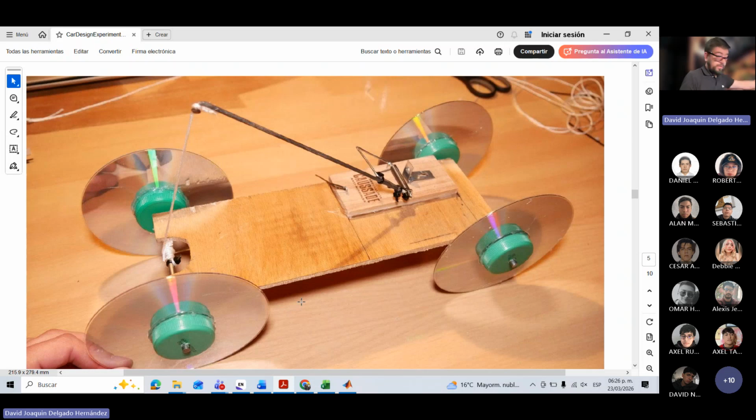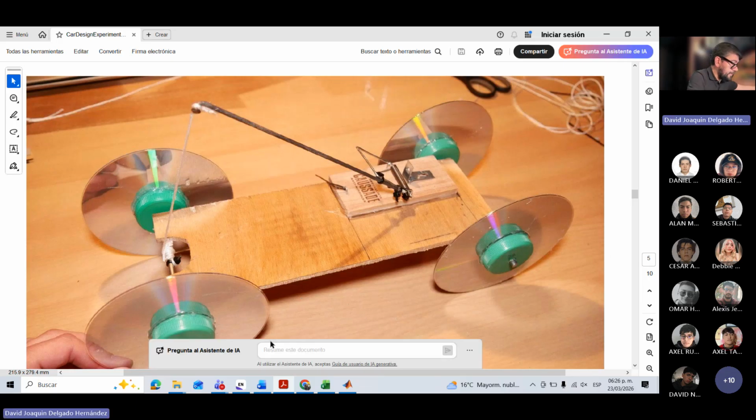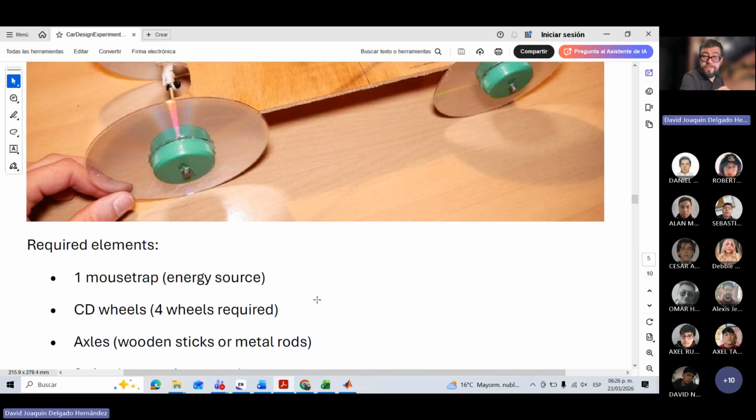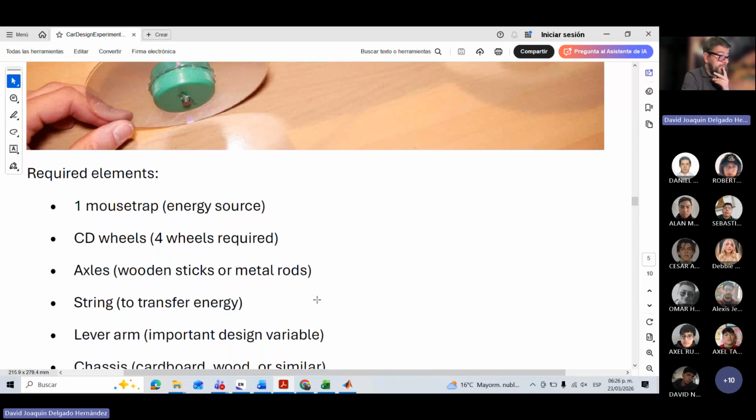Okay, before I continue, let me try to show you some examples of my previous class. Let me see.